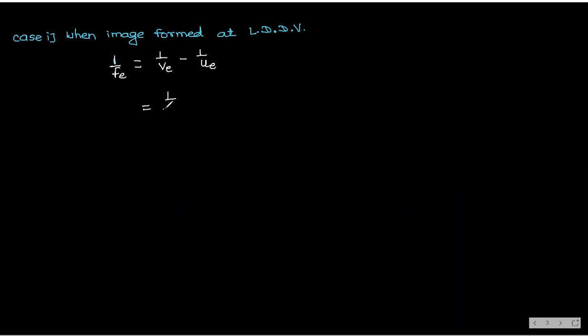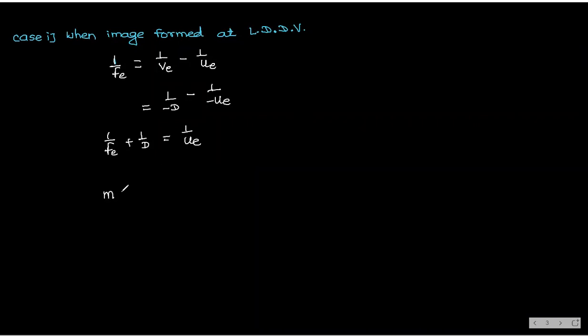This is equal to 1 by minus D minus 1 by minus UE, and just transferring this, same like compound microscope, 1 by Fe plus 1 by D is equal to 1 by UE. Okay, and now we got the 1 by UE value.